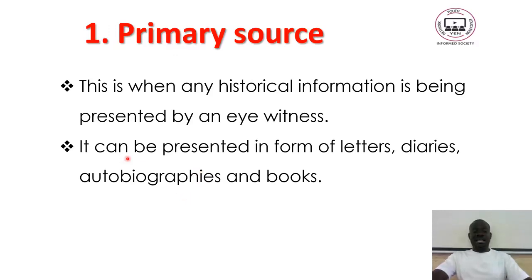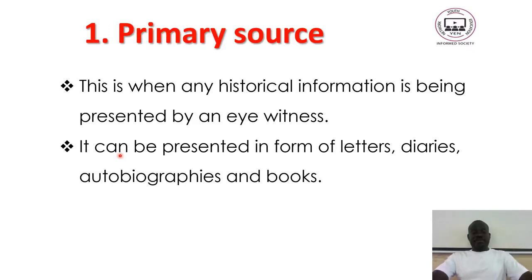For example, the biblical book of Luke. When you read the first part there, Luke is saying that these are the events that took place because he was there. He was the eyewitness of those things. So sometimes the people who are writing introduce themselves to say, I was there.